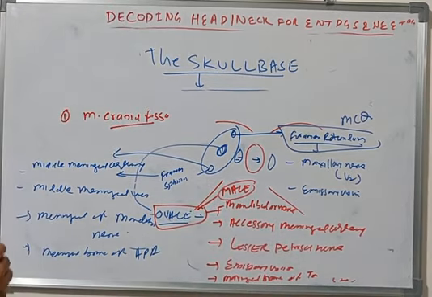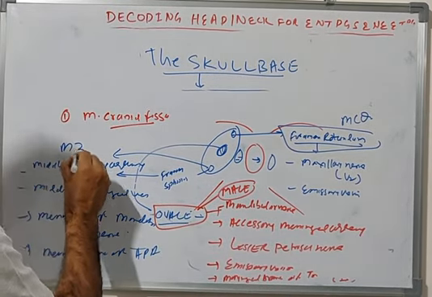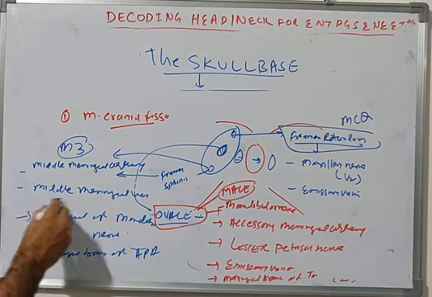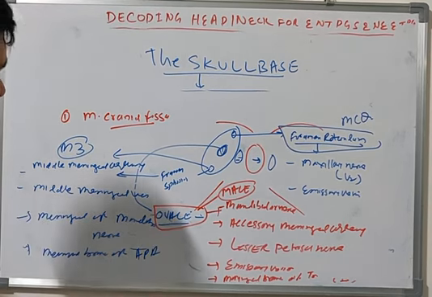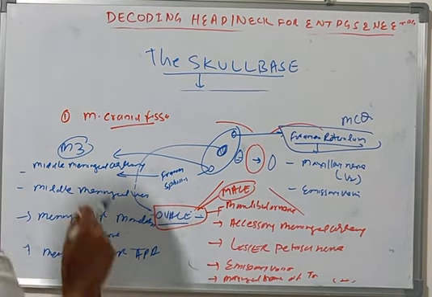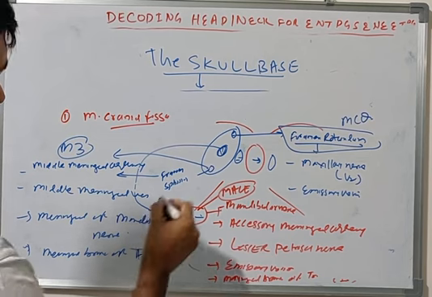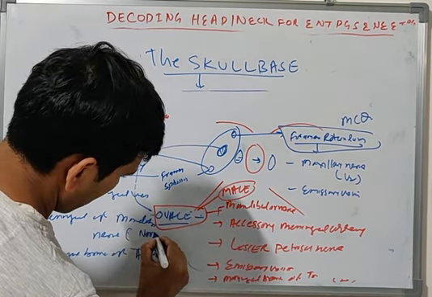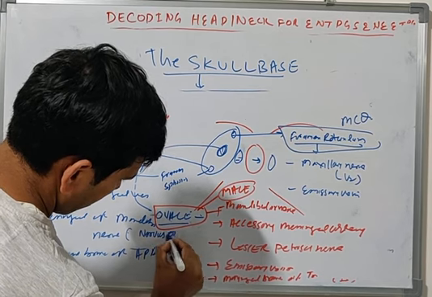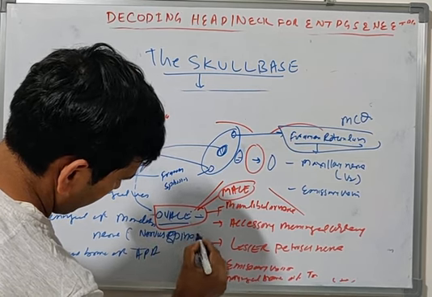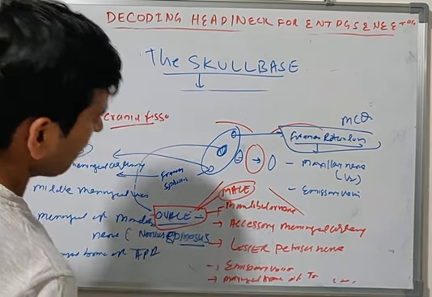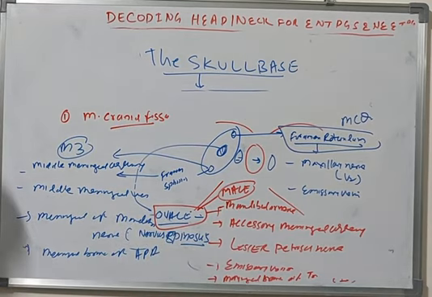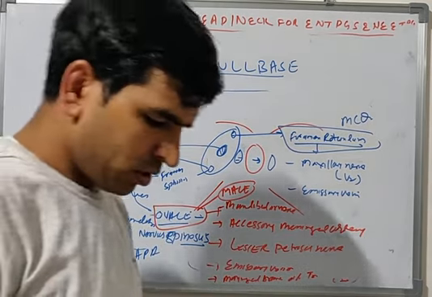You may remember these as M3: middle meningeal artery, middle meningeal vein, and middle meningeal branch of mandibular nerve, which is also called nervus spinosus, which also supplies the meninges. These are the structures passing through this foramen.